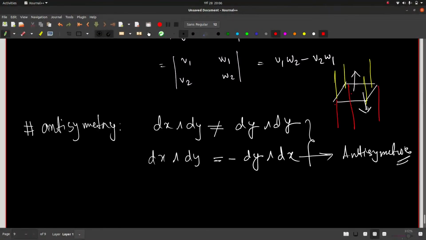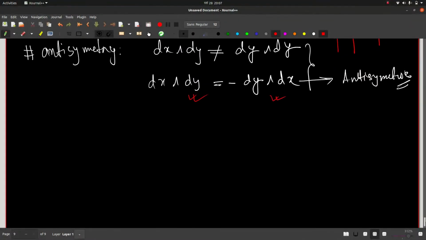So if you consider one of them to be positive, the other one is negative. Okay, so that's why there is this antisymmetry thing. And in general, this wedge product, no matter how many forms you take, it will always be antisymmetric. The wedge product itself is defined as an antisymmetric product.